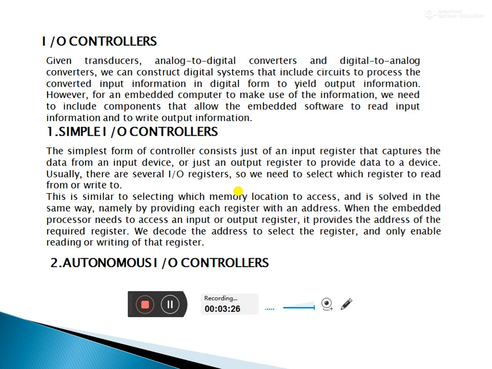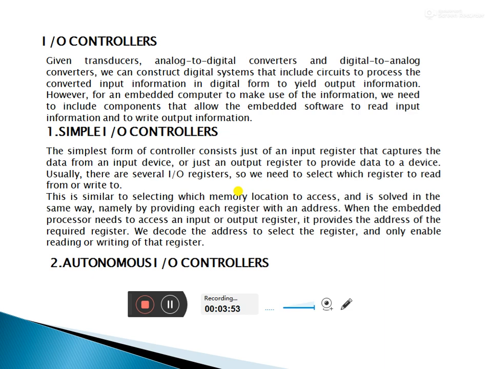Now another topic is controllers, meaning input output device controllers. A transistor is one of the static devices, and it passes information. Analog to digital converters and digital to analog converters are conversion circuits.